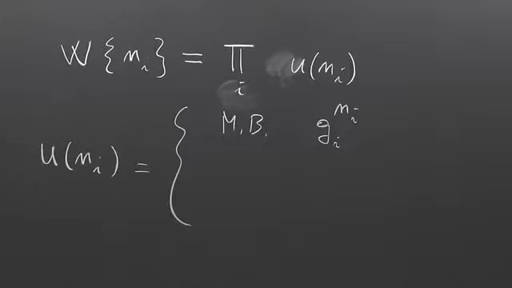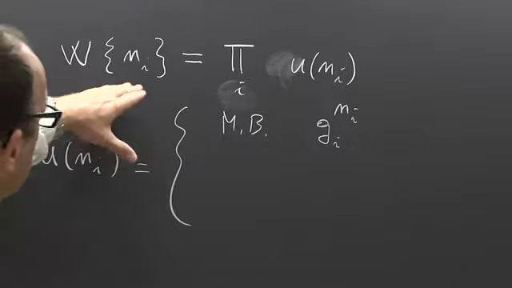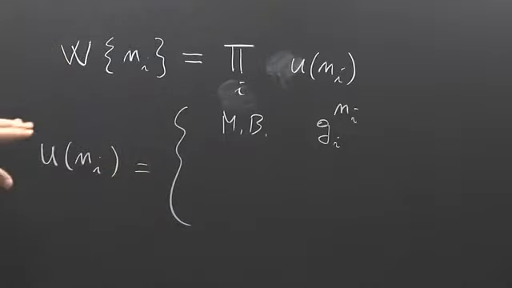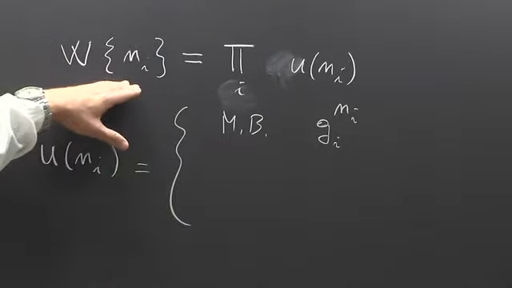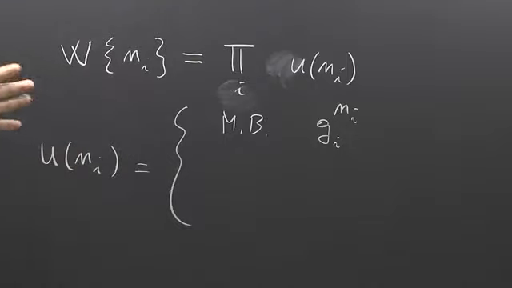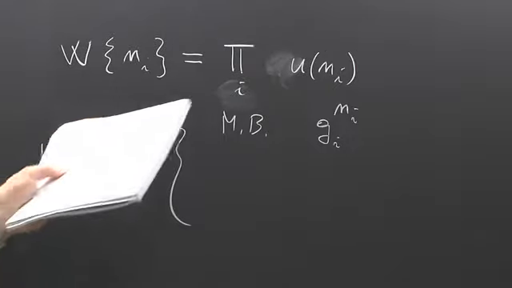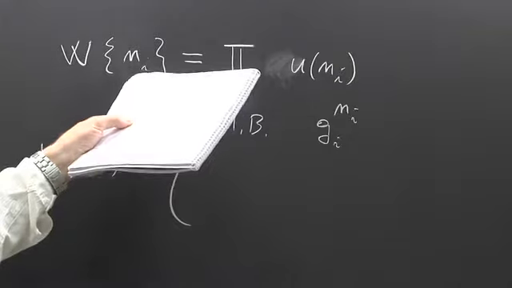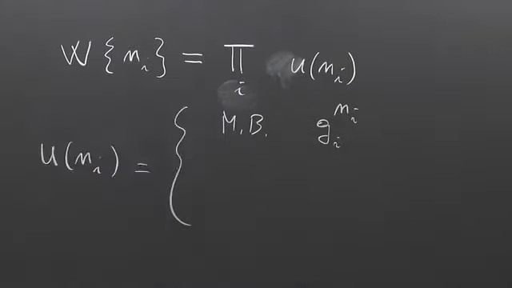In addition, in the Maxwell-Boltzmann case, you remember that I will have an overall factor which is equal to the number of ways in which I can distribute these n particles in this group of energy levels.